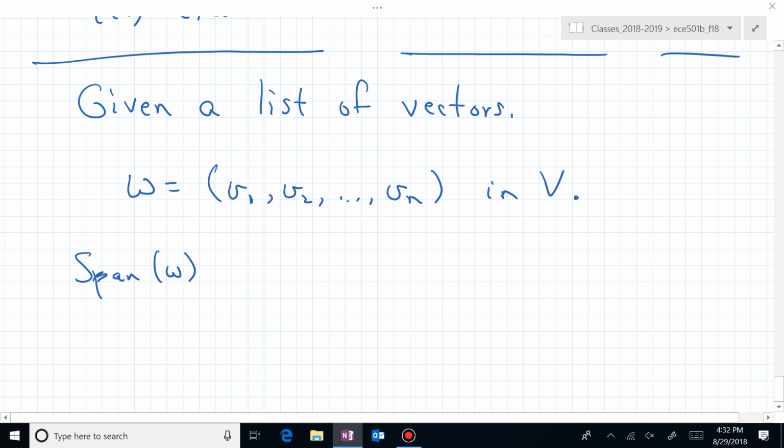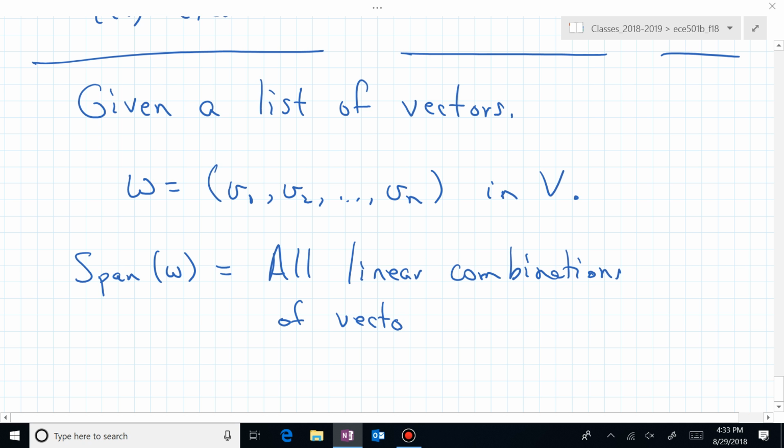We didn't say that it has to fill all of V, it just has to be a subspace of V. So the span of W, how is that defined? Or how do you state that in words? All linear combinations of the vectors in the list, right? That's the span of W. So this is equal to all linear combinations of the vectors, let's say, V sub I in W.